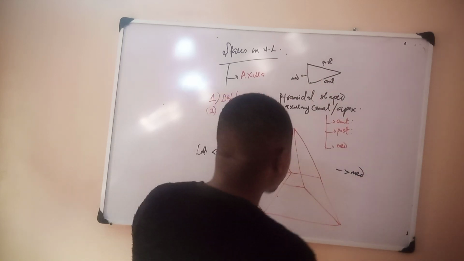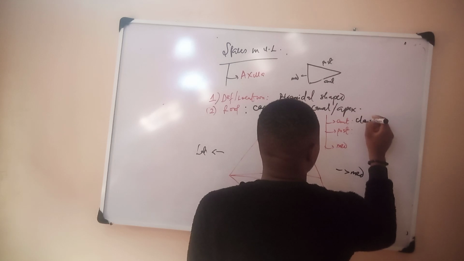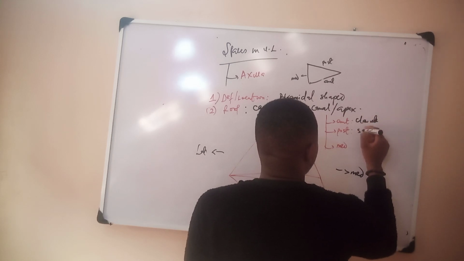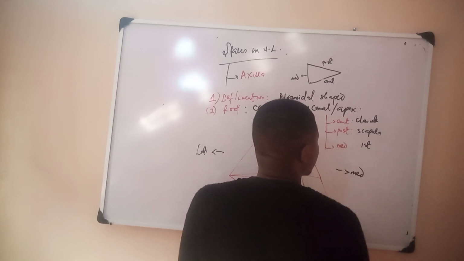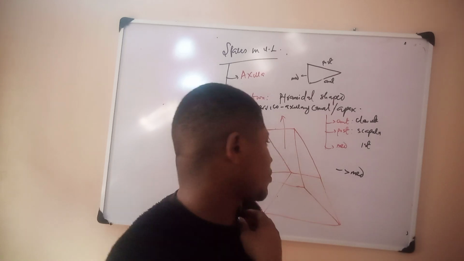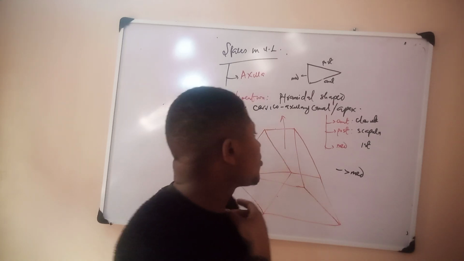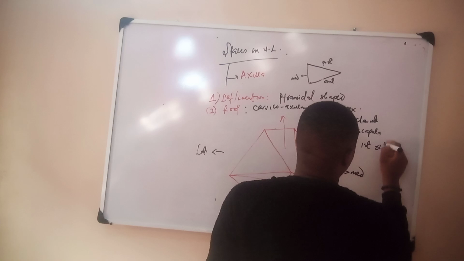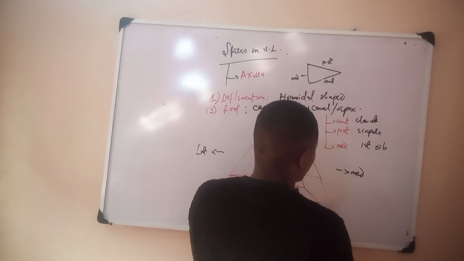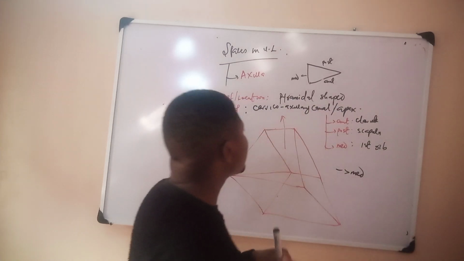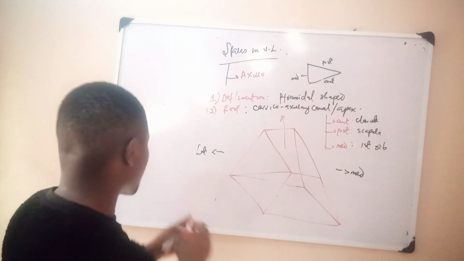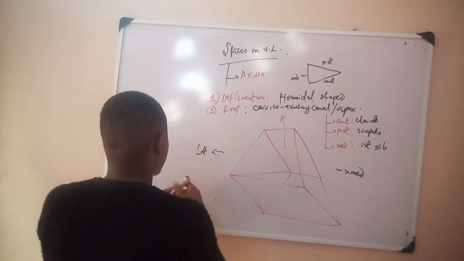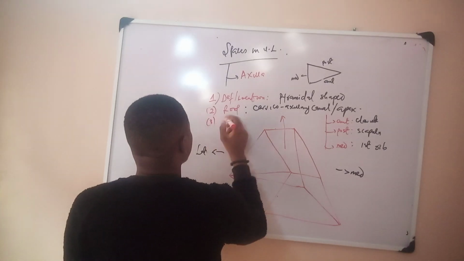Anteriorly is formed by the clavicle, posteriorly is formed by the scapula, and medially is formed by the first rib. So I think we are done with the roof. Then the next thing, number 3, is the floor.